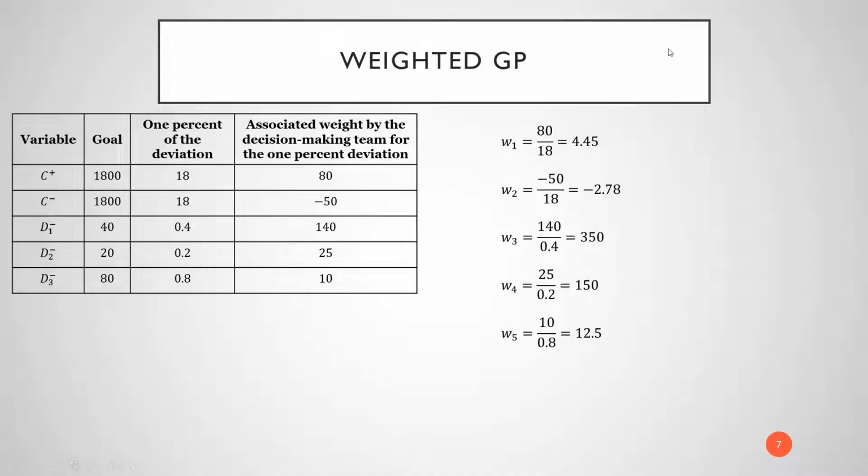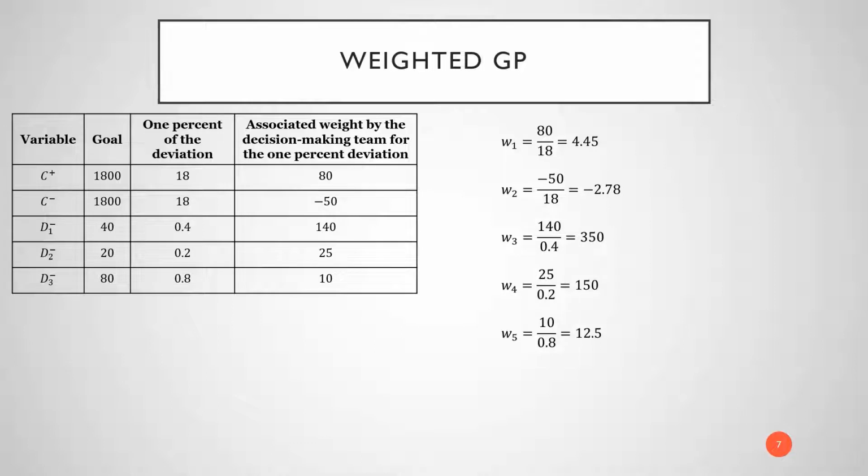And now I can obtain the related standardized weights for W1, which is the weight for the C+. The only thing that I need to do is to divide 80 over 18, which is the associated weight by the decision-making team for 1% deviation of the first variable.